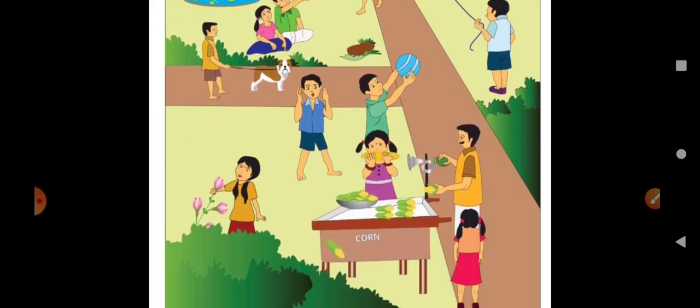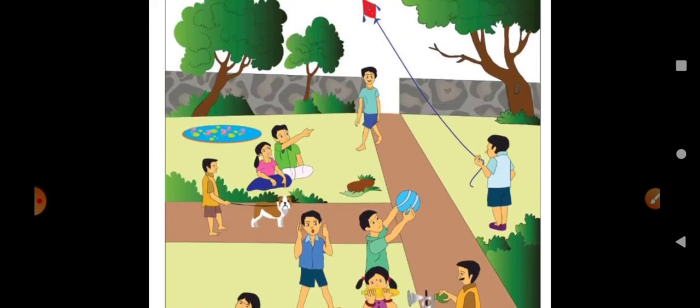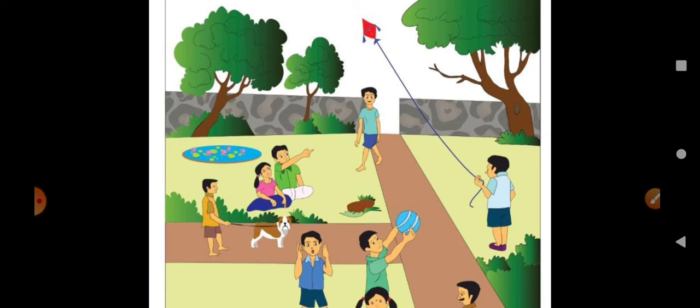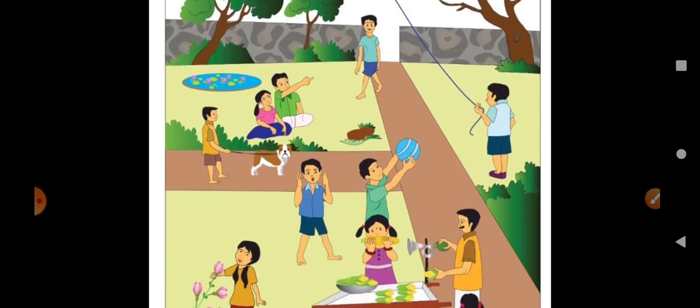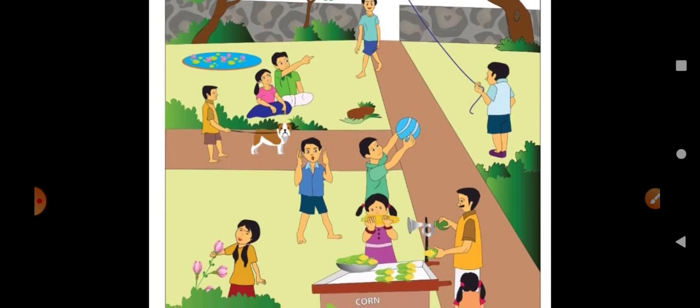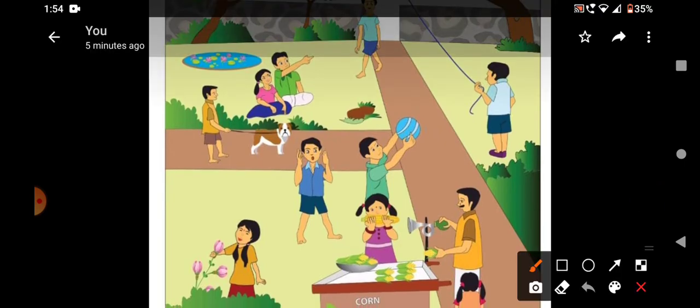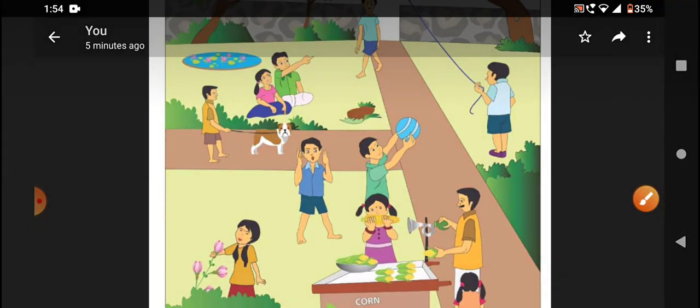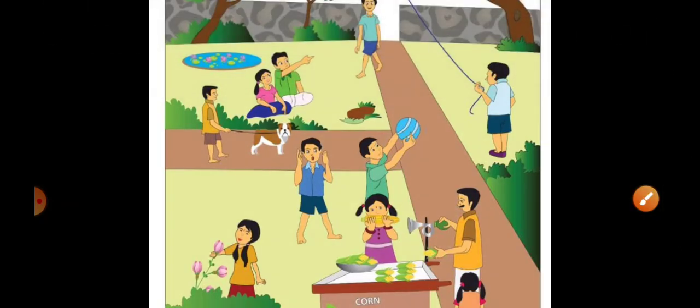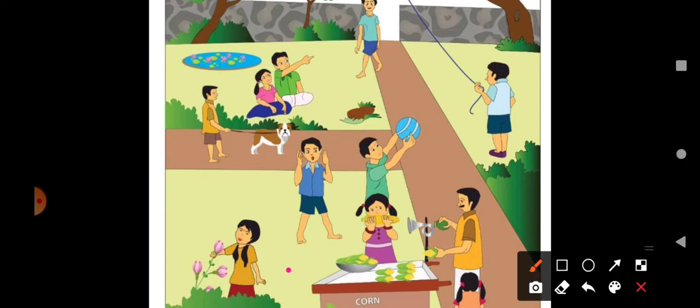So it is a park. Okay, in the park you can see children are playing with different things. And then you can see a kite. One boy is flying a kite and then one boy is playing with a ball. And then see a girl, she is standing near a flower. Okay, she's holding a flower in her hand and then one girl is eating corn.